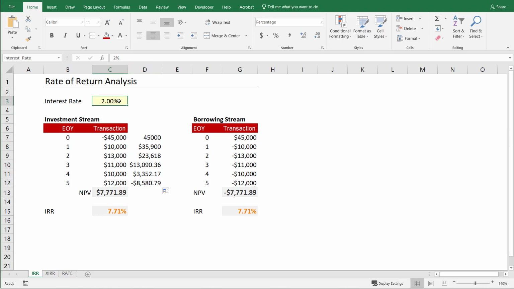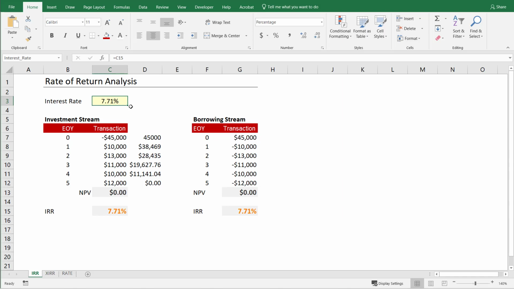Notice that on the other hand, if a bank was paying me 10%, not only would I be able to replace these cash flows, but I would end up at the end of the fifth year with $4,200 in the bank. And notice that if the interest rate was exactly the IRR, I would invest the money, get the exact cash flows from the investment stream, and end with zero.